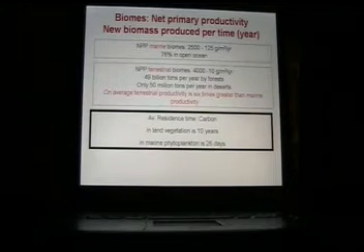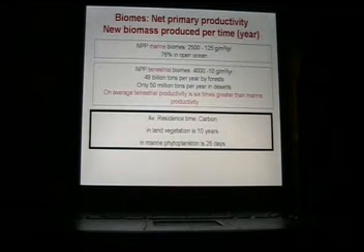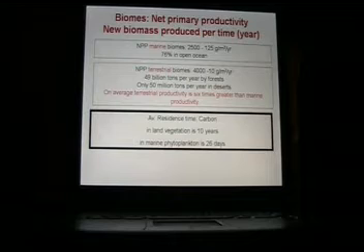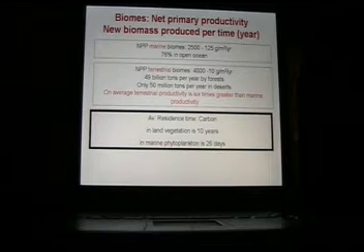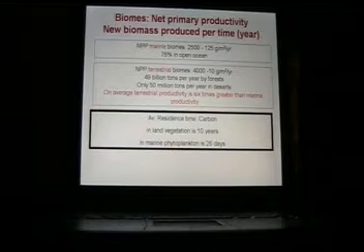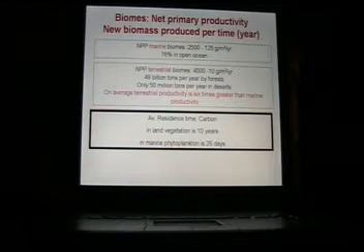So, biomes, the net primary productivity. What does net primary productivity mean? Well, that is the new biomass produced per time, per year. So, net primary productivity in marine biomes, 2,500 to 125 grams per meter squared per year. About 76% of that's in the open ocean.